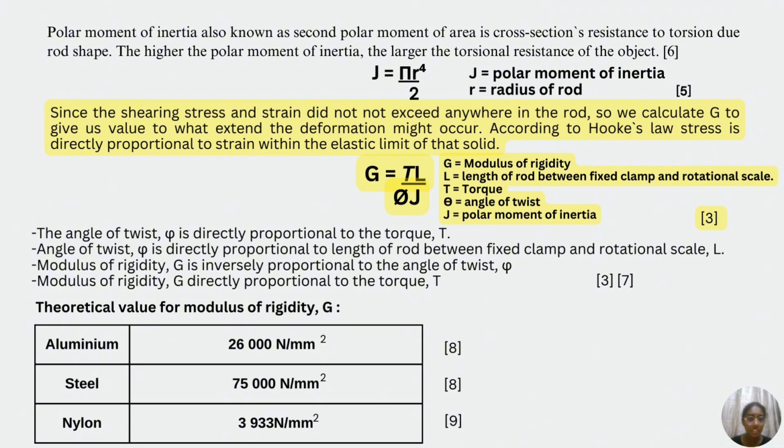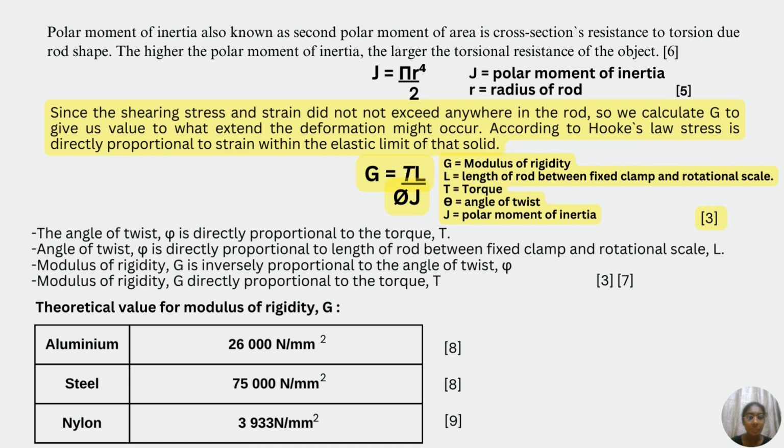This holds as long as the yield strength proportional limit is not exceeded in any part of a circular shaft. When the length of rod between fixed clamp and rotational scale increases, the angle of twist increases and torque increases. Modulus of rigidity is inversely proportional to angle of twist but proportional to the torque.